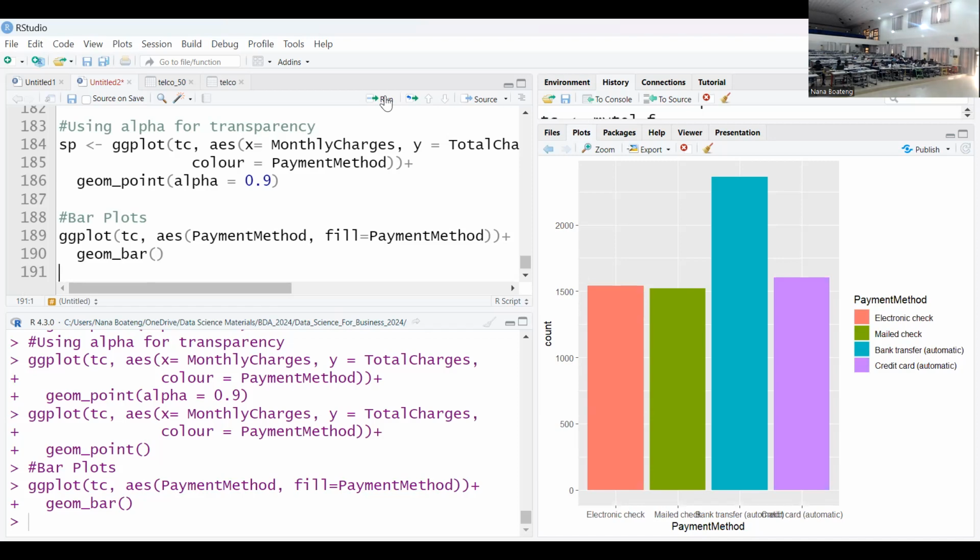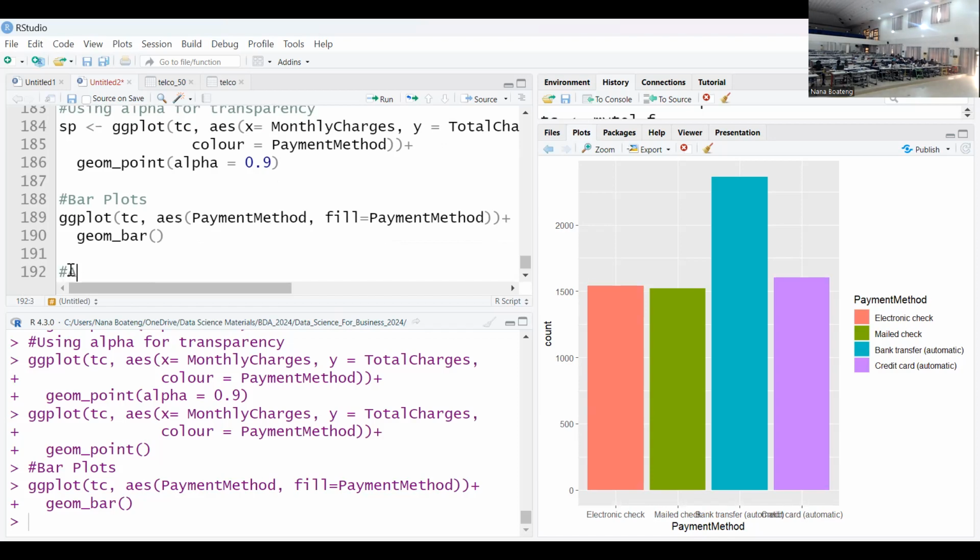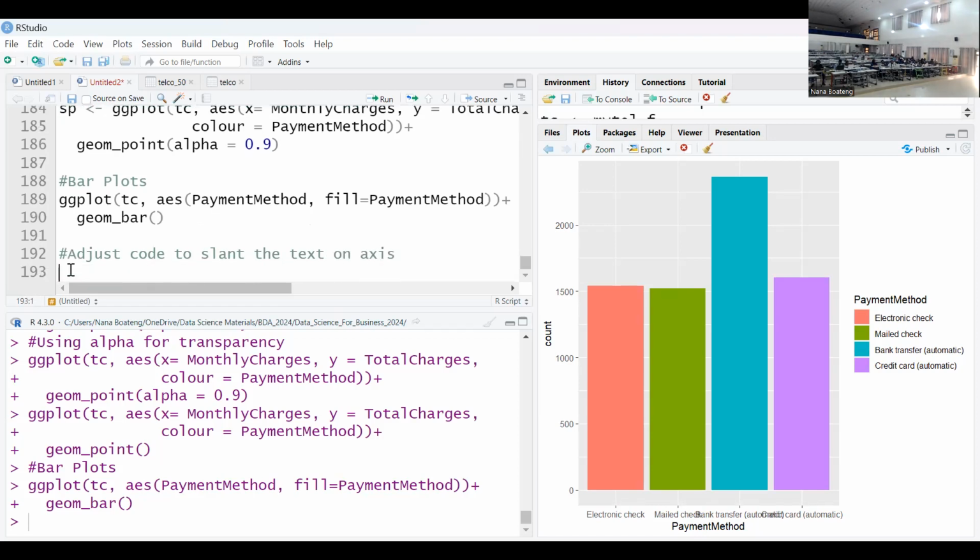We turn the x-axis, to slant the text on the x-axis. Okay, so let's copy this whole stuff.